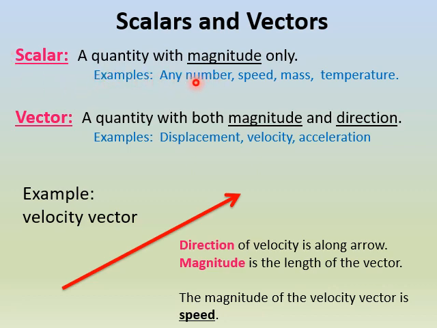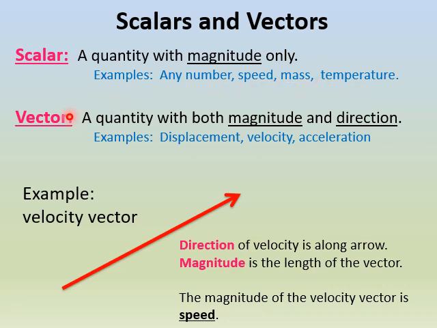So for example, the number 3 or the number pi is a scalar. Speed is a scalar. In other words, a scalar can be described by a single number. Later on in the course, we will talk about mass. The mass of an object is a scalar quantity. And temperature is another example of a scalar quantity.